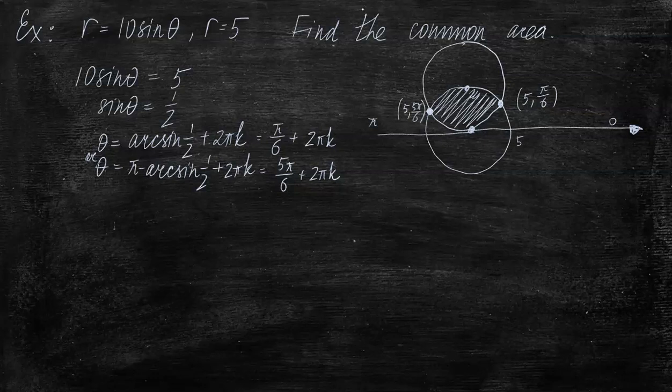And now we're going to find the area. For simplicity, let's label the first curve as R1 and the second one as R2.